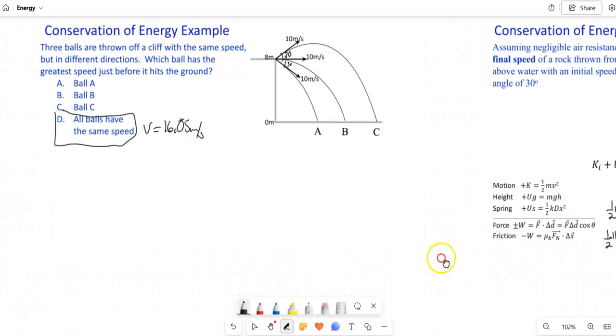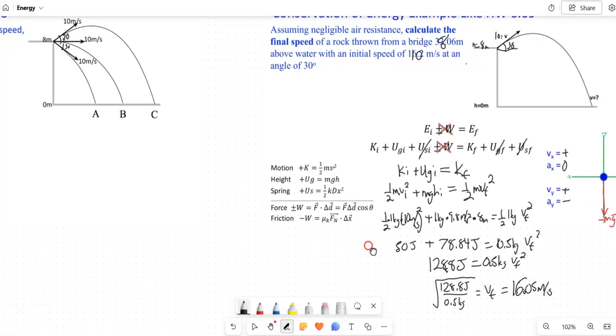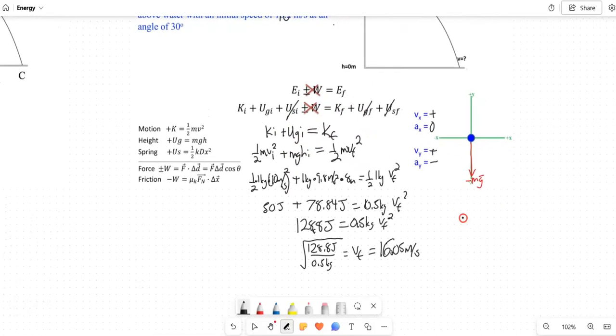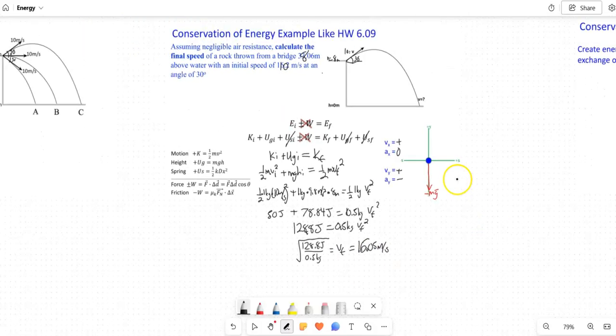Since they all had the same starting conditions of 8 meters high and being launched at 10 meters per second, the angle doesn't matter. This is what you have. Okay?